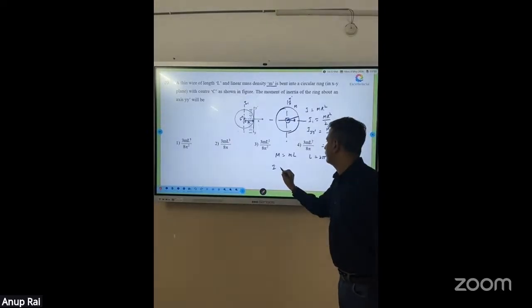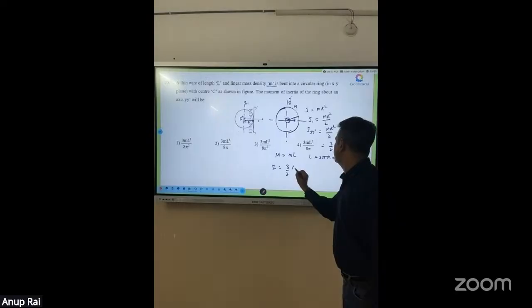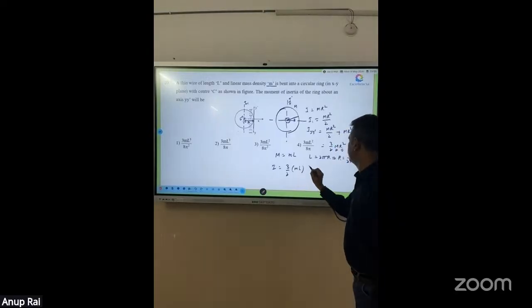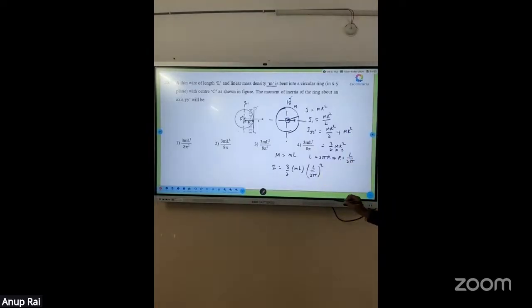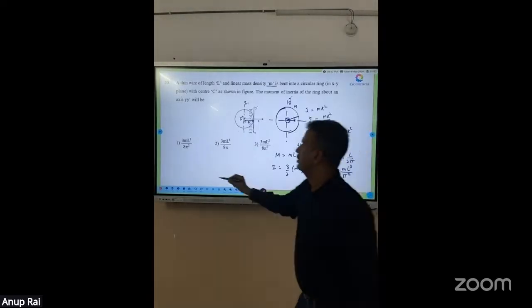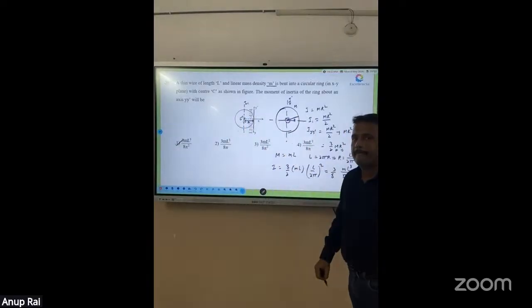So moment of inertia will finally become 3 by 8 ml cube divided by pi square. That is the option.